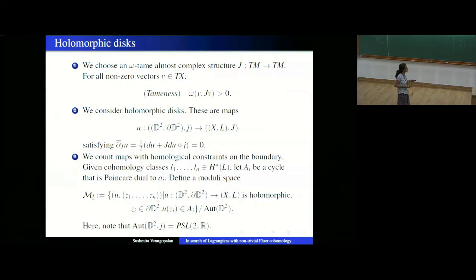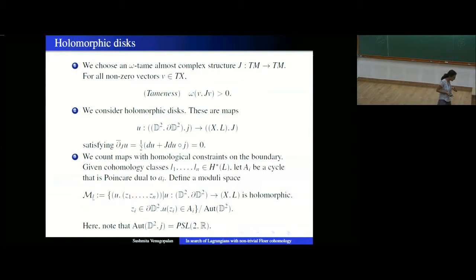So this is the holomorphicity condition written over there. It's just that the derivative is complex linear. Okay, and we count maps with homological constraints on the boundary. If you were to just count these, you'll get all kinds of dimensions in the moduli space.